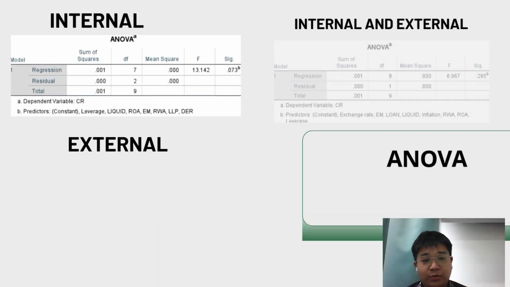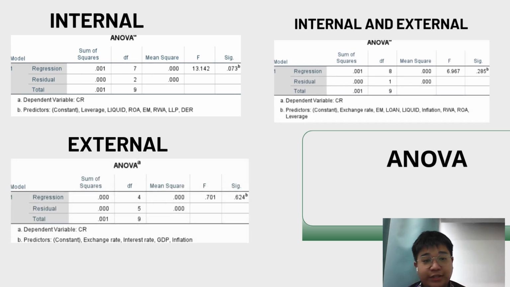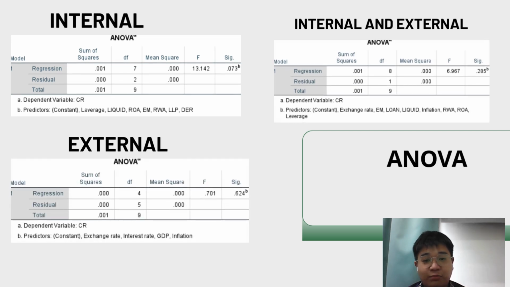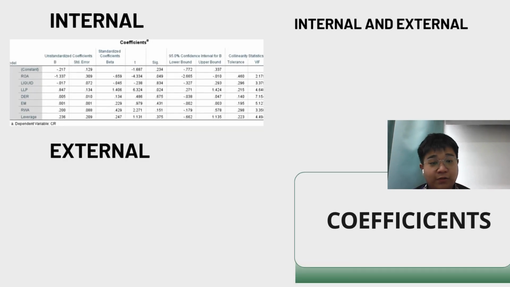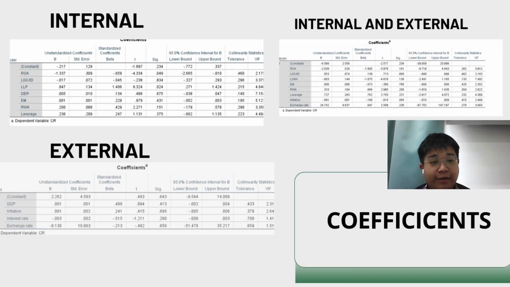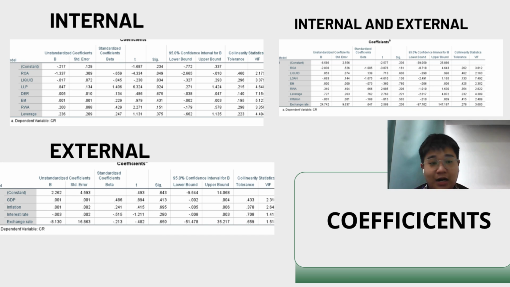For ANOVA, only model 1, which is internal, shows that the overall regression model is significant with a p-value of 0.073, while models 2 and 3 are not significant. For coefficients, model 1 shows that ROA and IRP are significant to CR because the p-values are smaller than 0.10, at 0.049 and 0.024, which means these independent variables have an influence or impact on the dependent variable, credit risk.